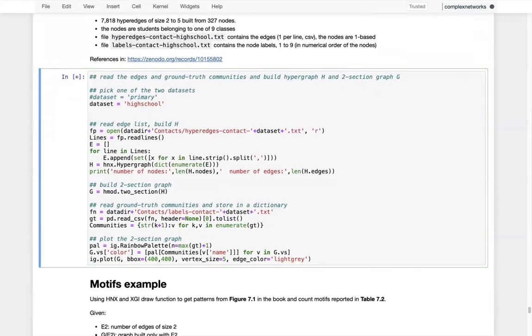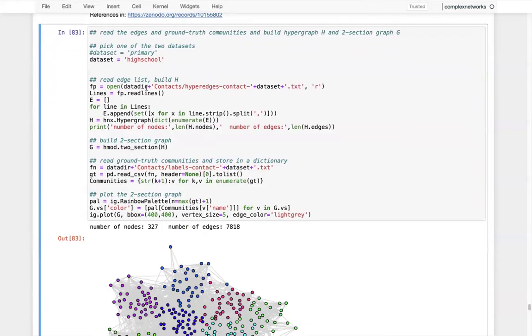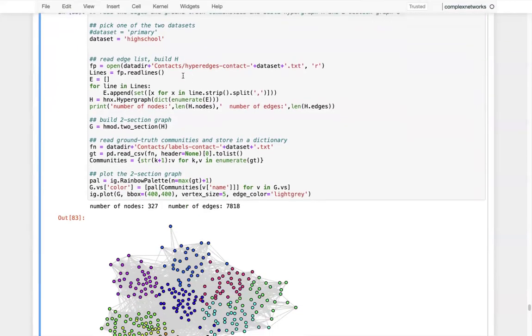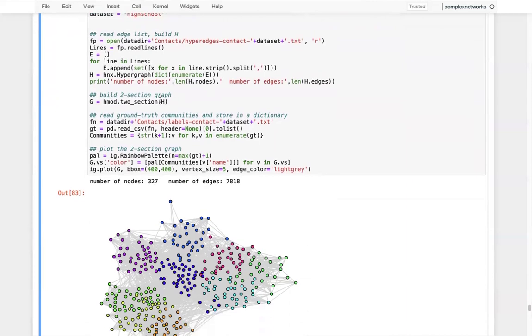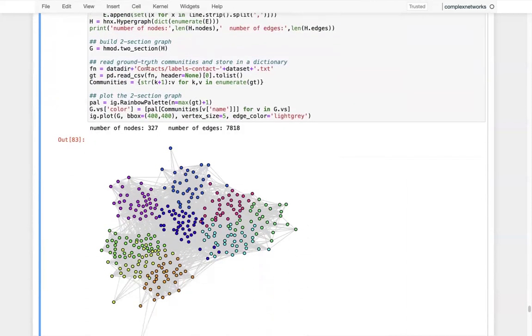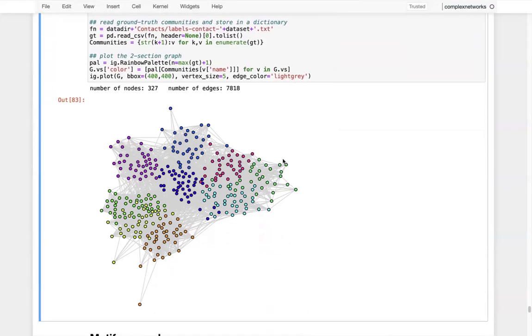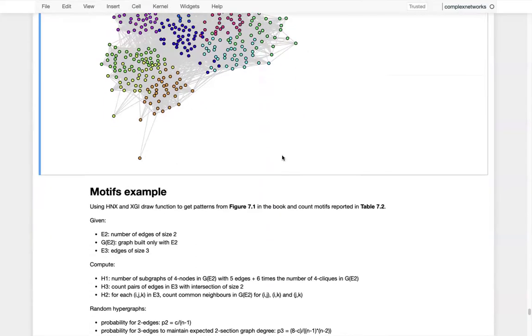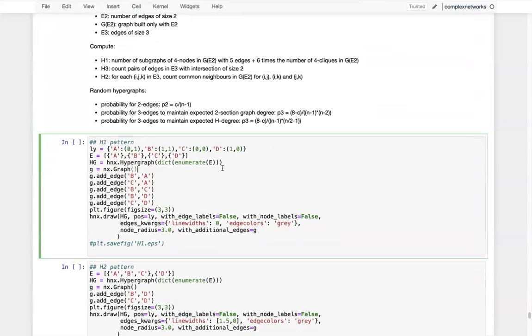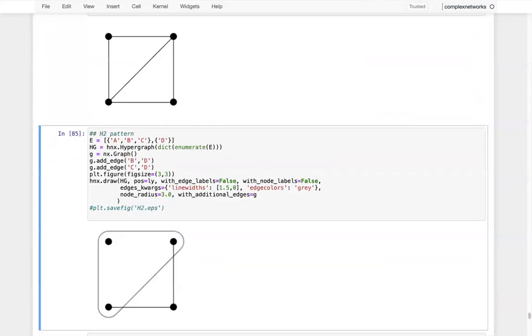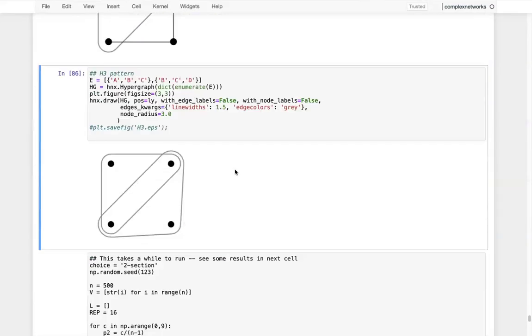And this is an example. This is the high school data set. This is how you would load it, build the hypergraph, and build a two-section graph. In this case, read the ground truth community, and here I'm coloring the nodes with respect to the ground truth communities. And I think that's it. The other cells are just to build some of the drawings in the textbook, and that's it.